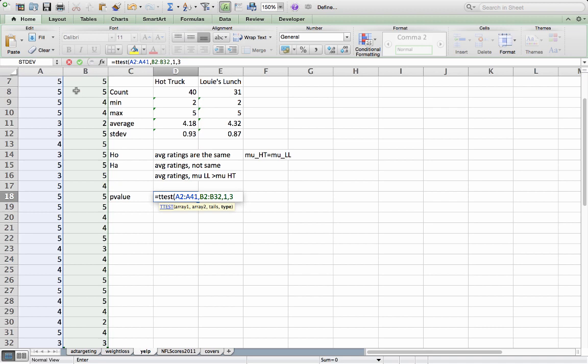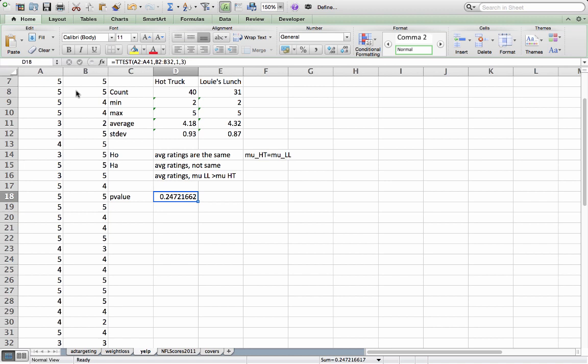If we had 40 reviews for each and they were from the same reviewer, we could do a paired sample. Because we don't have that, we're going to do an unpaired test. And as a default, let's do unequal variances, which we'll almost always do, right? And here we see that the p-value is 0.247. It's greater than 0.05. Therefore, we can't reject the null that the ratings are the same.